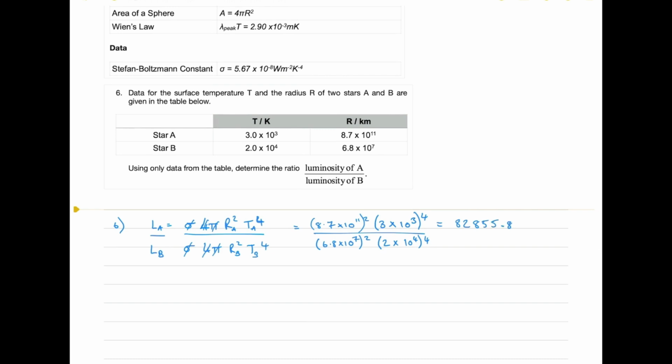Let's round that to two significant figures, which is 83,000. So the ratio of luminosity of A over luminosity of B is 83,000, or you can write it like this: L_A equals 83,000 times the luminosity of B.